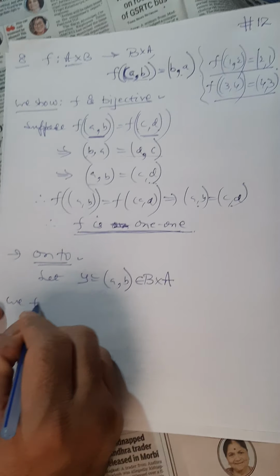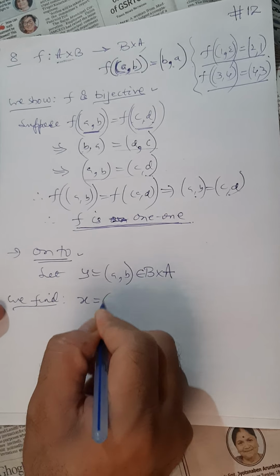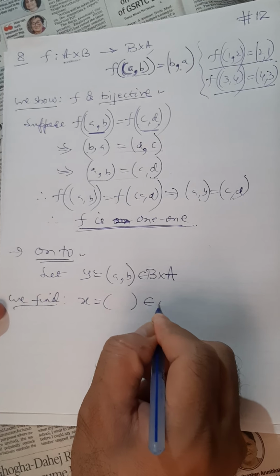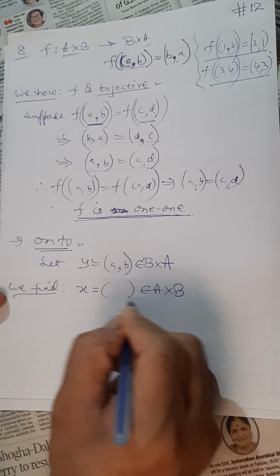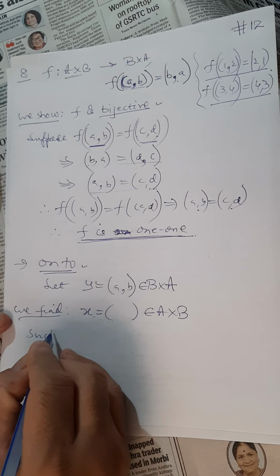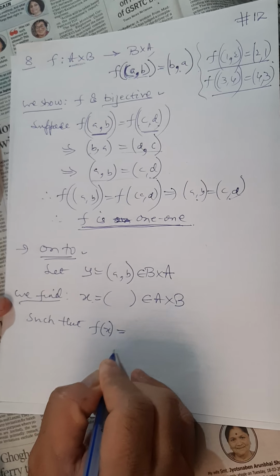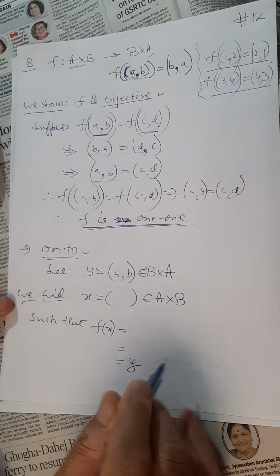We find an x, so again one ordered pair from the domain, such that when I find f of x, I must get y.